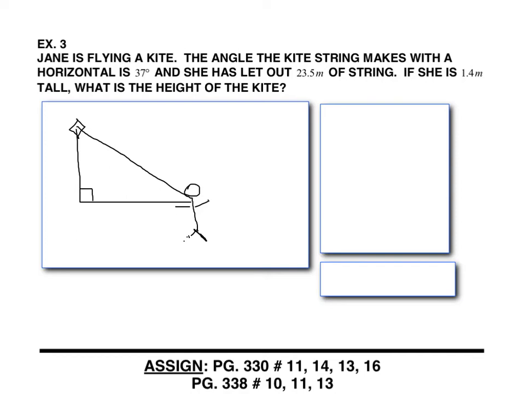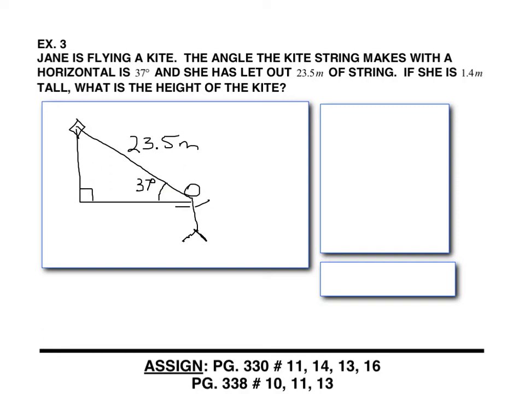So if we look here, that's Jane flying a kite. They say the angle the kite string makes with the horizontal is 37 degrees. And she has let out 23.5 meters. That's going to be the string, which is right here.